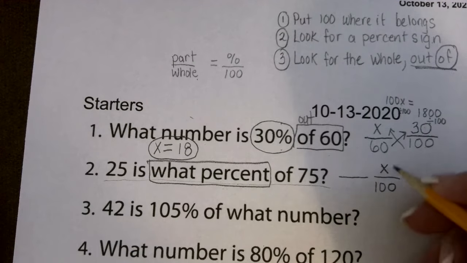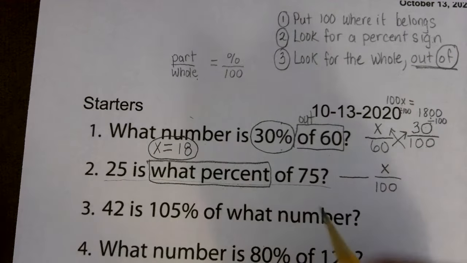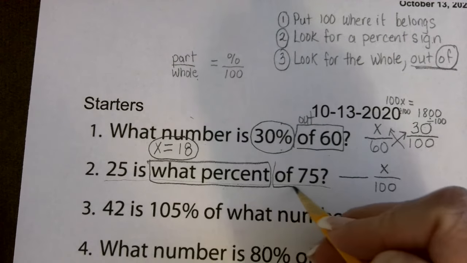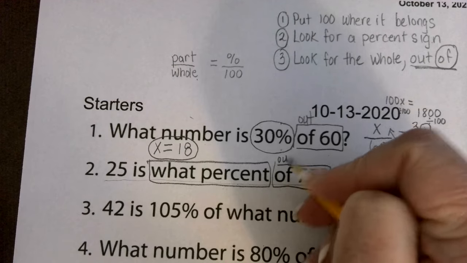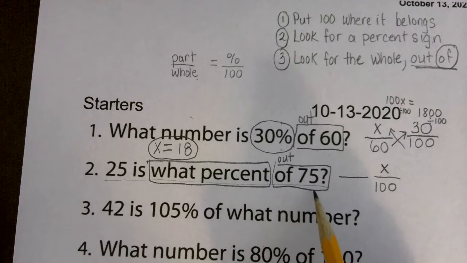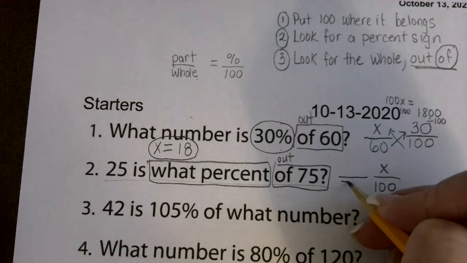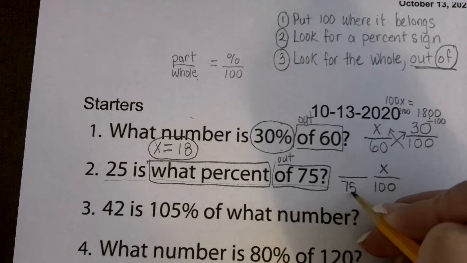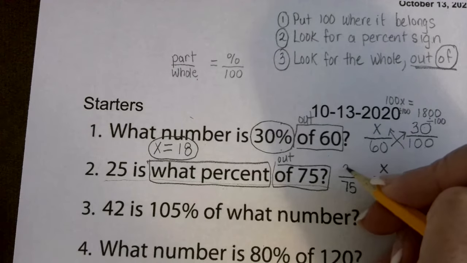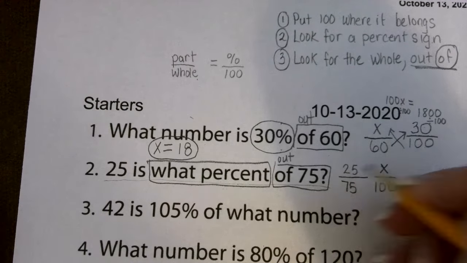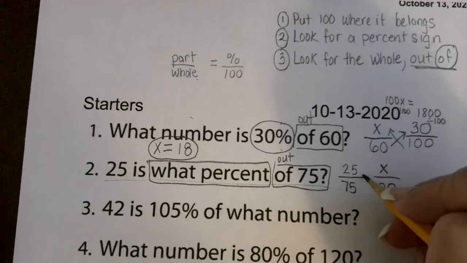So our percent is the thing that's unknown. Then we're looking for the word of, and that means out of. That out of 75 means 75 is the whole thing, so it's going on the bottom. And that leaves my 25 as my part.